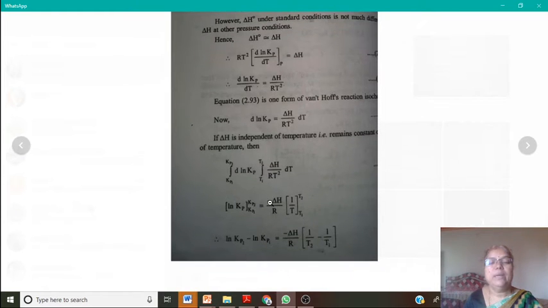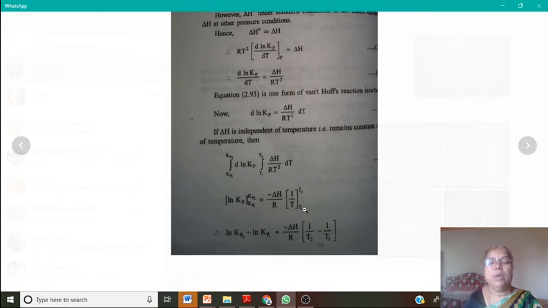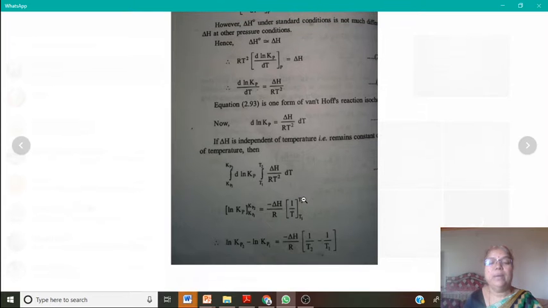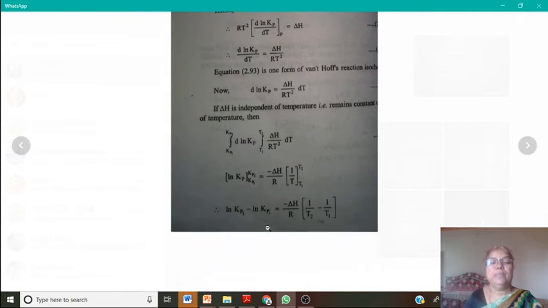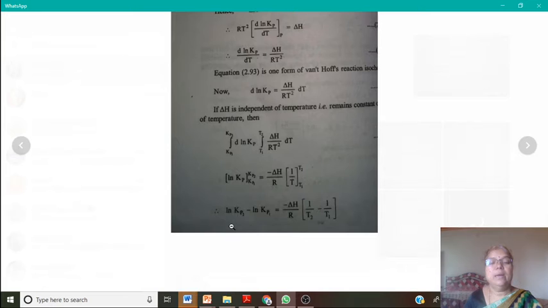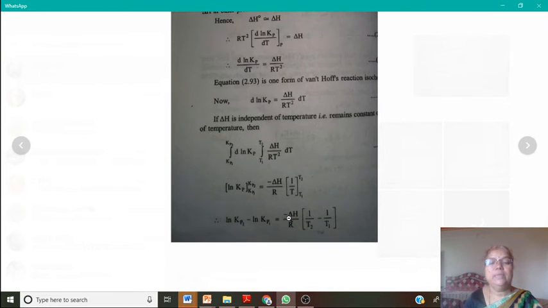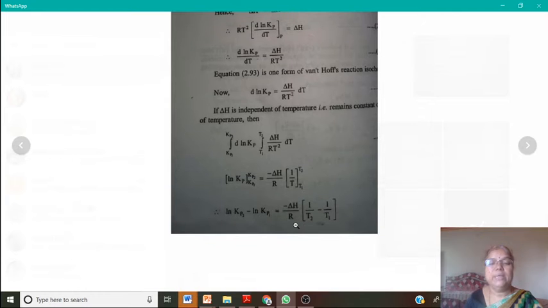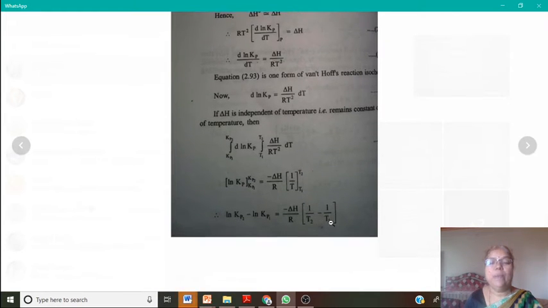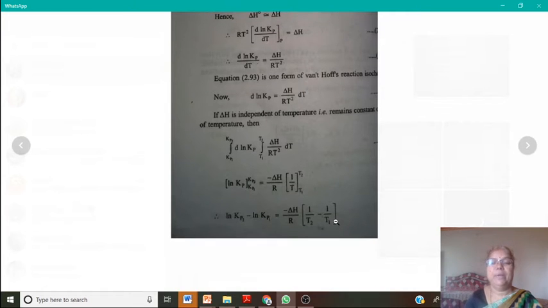Therefore, we have taken the minus sign. The lower limit is T1 and the upper limit is T2. Therefore, we get ln Kp2 minus ln Kp1 equal to minus ΔH upon R in bracket 1/T2 minus 1/T1.